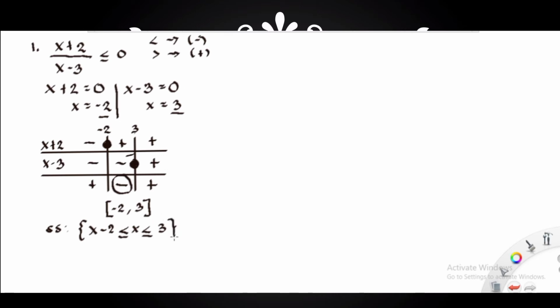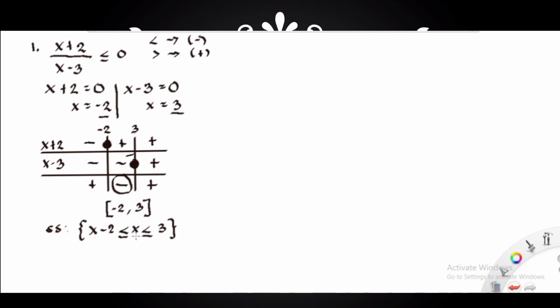Let's close it. Kung iintindihin natin ang solution set, ang ibig niyang sabihin, ang solution sa ating given rational inequality ay mga numbers na mula sa negative 2 hanggang positive 3. So, kasama ang negative 2 hanggang sa 3, kasama si 3.